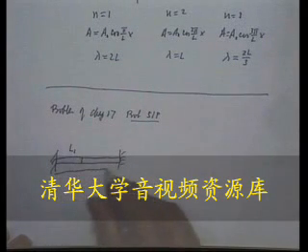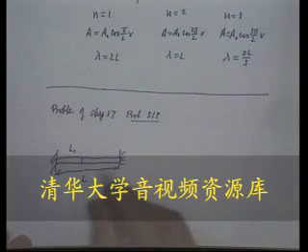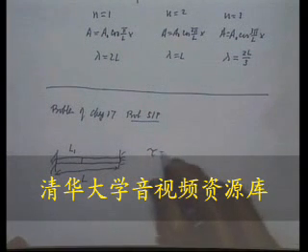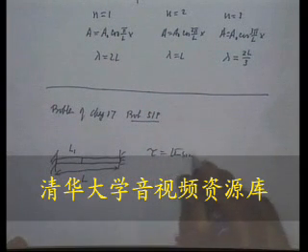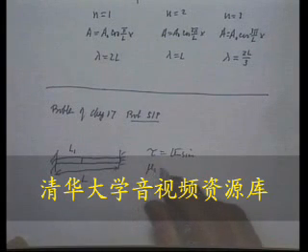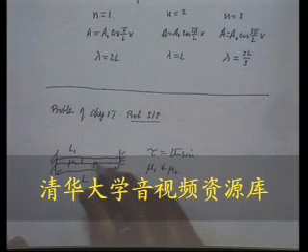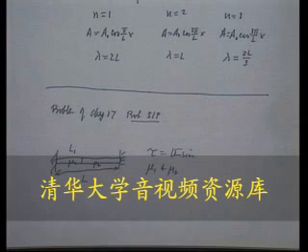The total length is L. Part of it is of one material, part of it is of another material. Tau, the tension, is of course fixed. But it has two mu's, mu1 here and mu2 here. Let's investigate what happens.